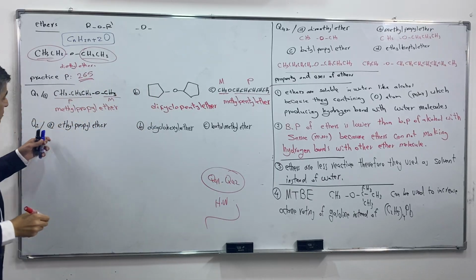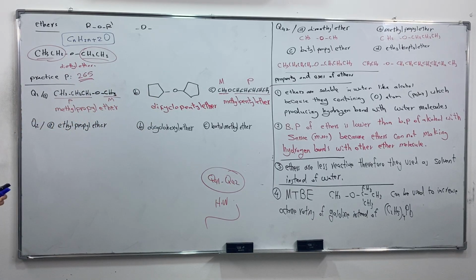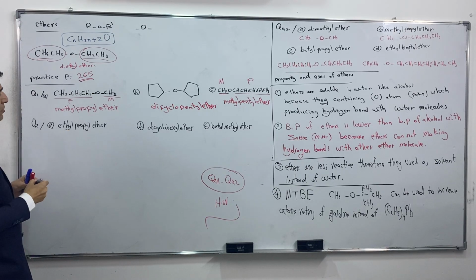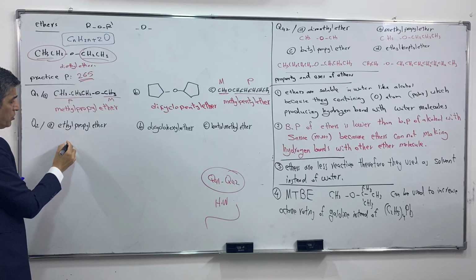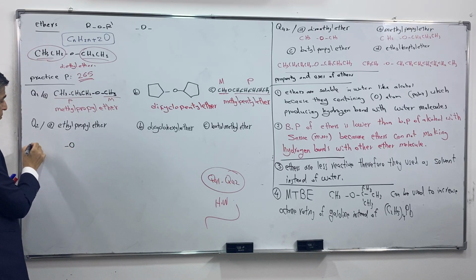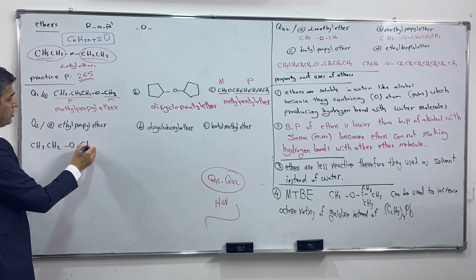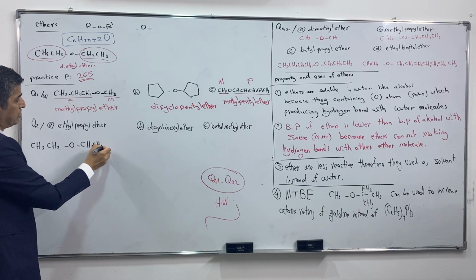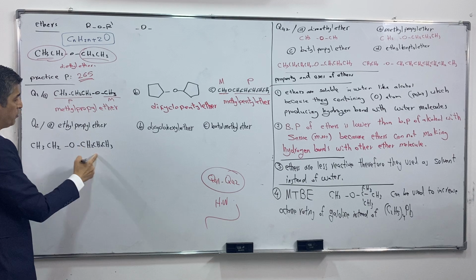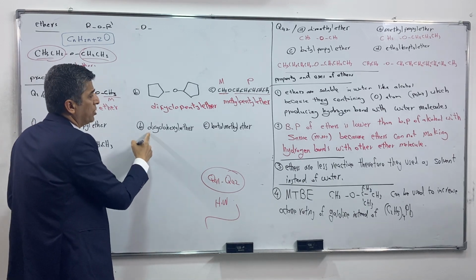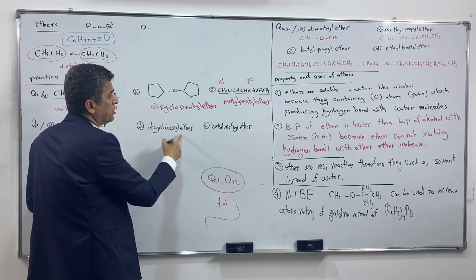Another question we have, we will try to draw the condensed structural formula for these compounds. The first one we have ethyl propyl ether. We have oxygen atom, ethyl on the left hand, two carbons, and on the right hand propyl. And here we have dicyclohexyl ether.